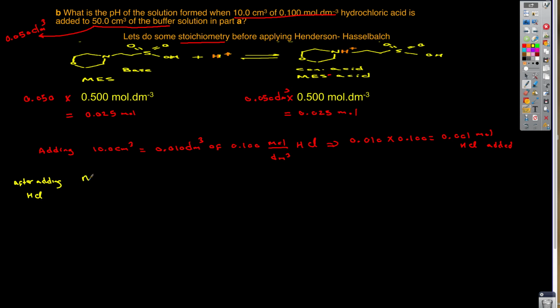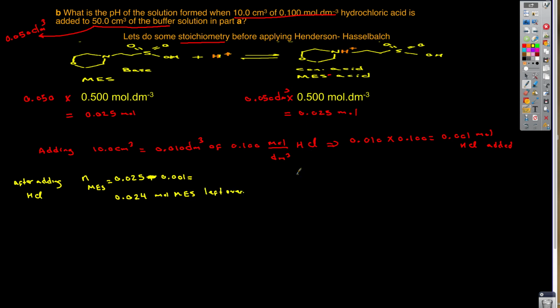Moles of MES is going to be the original mole, which is 0.025, minus 0.001 moles, because HCl is going to remove that much of your base to give you a new quantity of MES acid. And when you do this, this becomes 0.024 moles of MES left over.